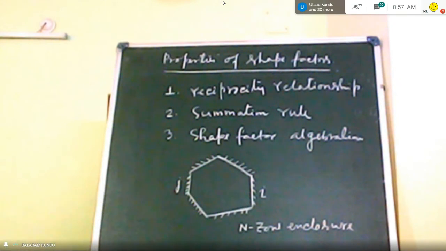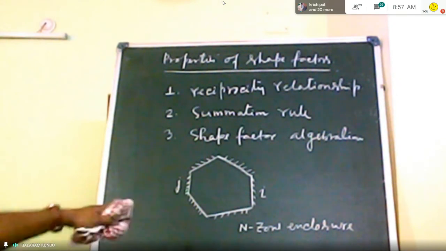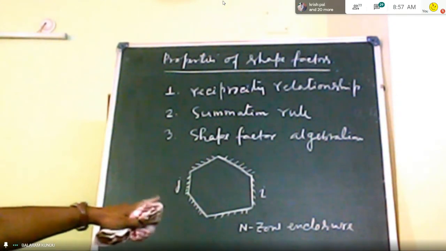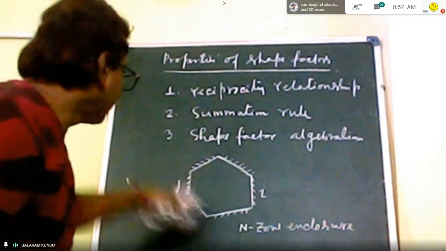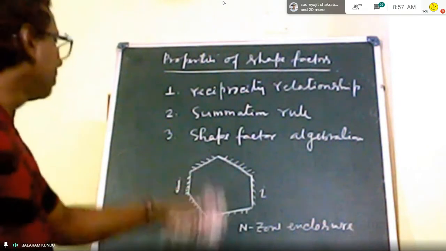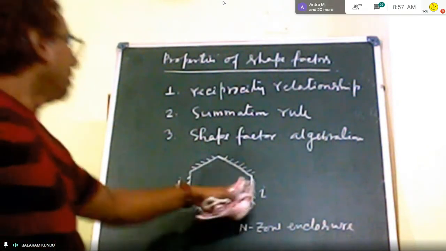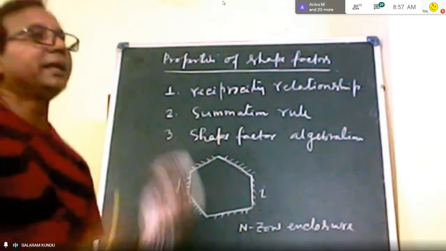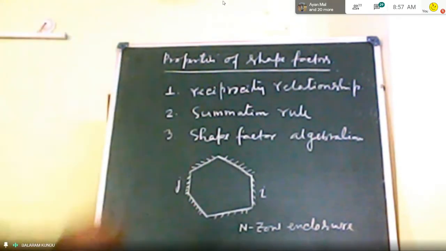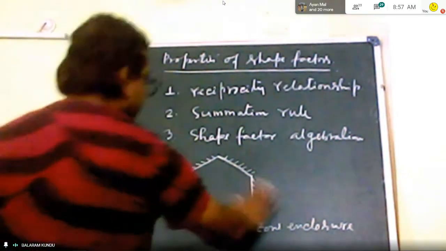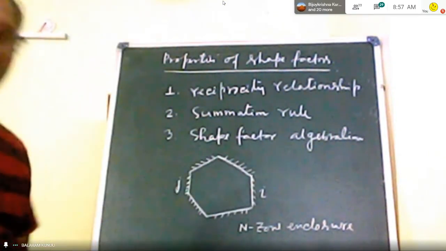The amount alone is not the shape factor, so fraction should be mentioned. Now from the energy balance, we want to consider one surface, say the I surface.